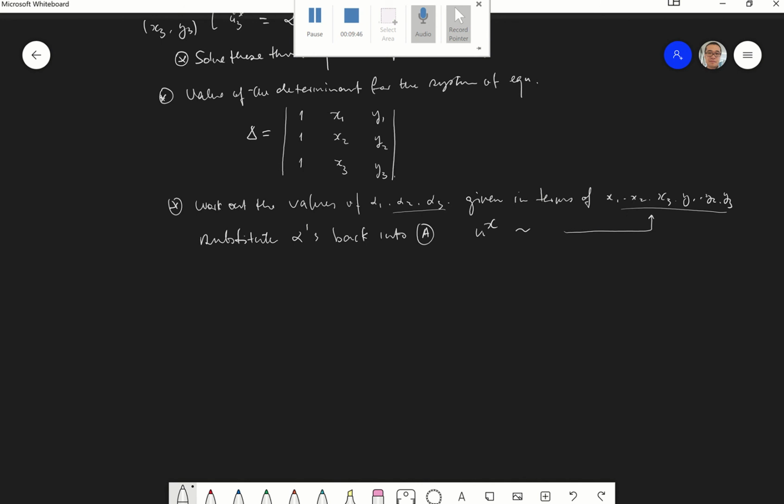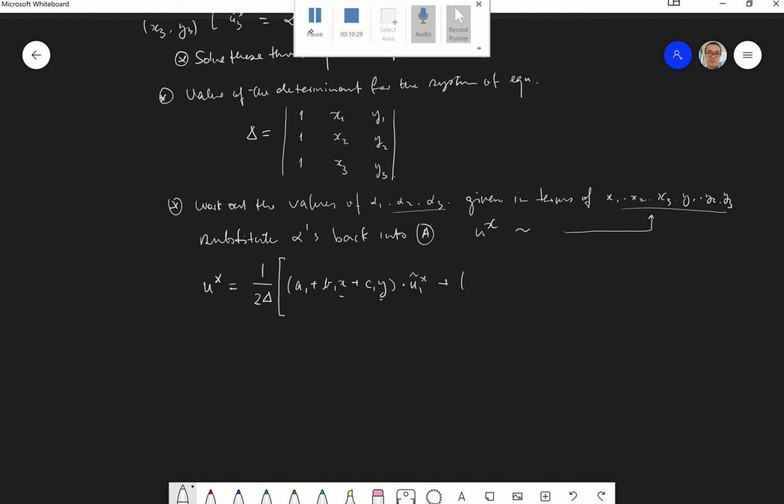But if you do solve it, you can find that ux can be written as follows: 1/(2 delta) times (A1 plus B1 x plus C1 y), where x and y are the position of the point in the element we are interested in, times u1x, the x displacement at node 1.